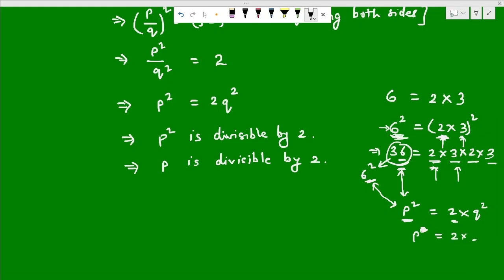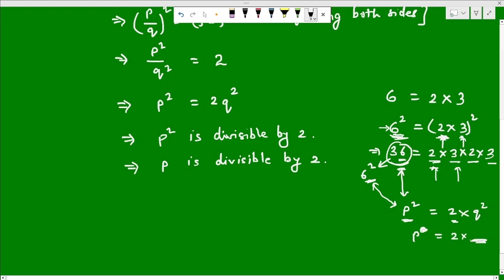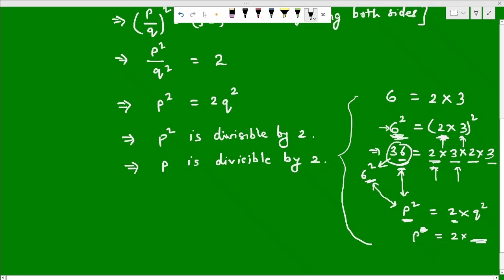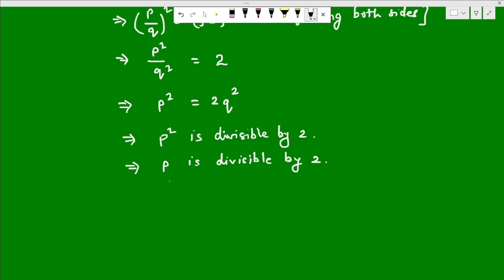We follow the same conclusion, the same theorem which we have proved earlier. So here we have got that p is divisible by 2, that means 2 is a factor of p.